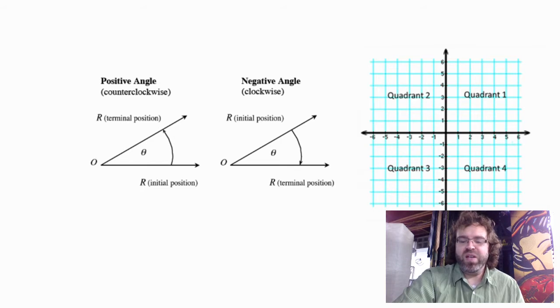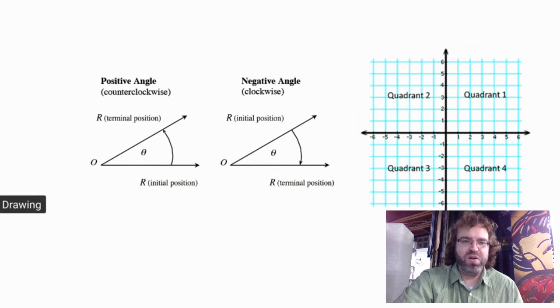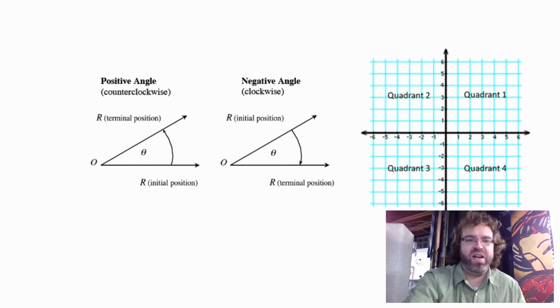We're starting from the positive x-axis, and a positive angle would be measured counterclockwise from that. So starting on the positive x-axis, you move around counterclockwise, and that could be 90 degrees, 105 degrees, 270 degrees. Those are all measured from the positive x-axis.